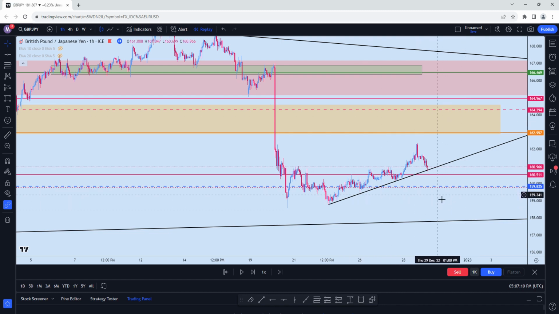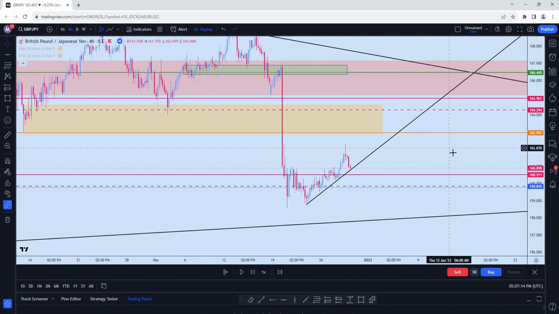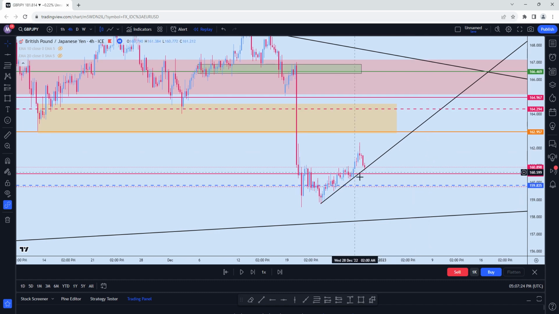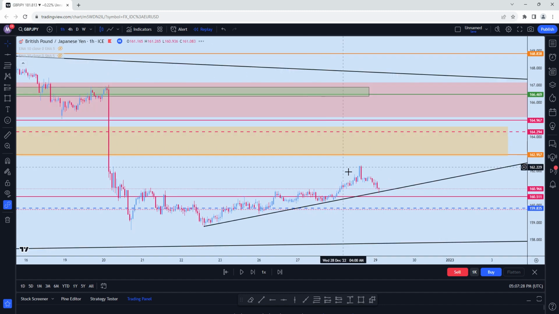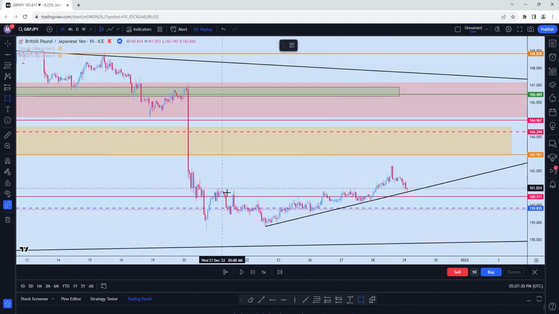So could this be the level from here to here? Pull back to go up to down. It's not really the cleanest, is it? But you've got 1, 2, 3.